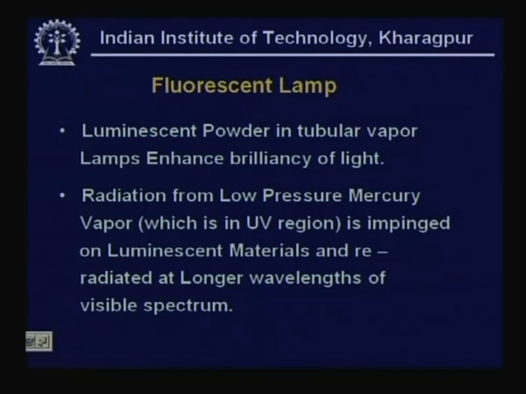As a result, it re-radiates at longer wavelengths of visible spectrum. This we had defined right in the beginning as one of the processes used in the artificial lighting to produce radiation. This is absorbing the light at one wavelength and re-radiating in the visible spectrum. That is what we are doing. So, this is the process of fluorescence.